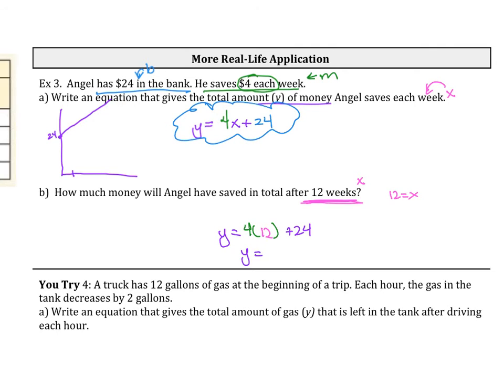So therefore, this is y equals 48 plus 24, or Angel would have saved $72. So Angel will have saved $72 total after 12 weeks.